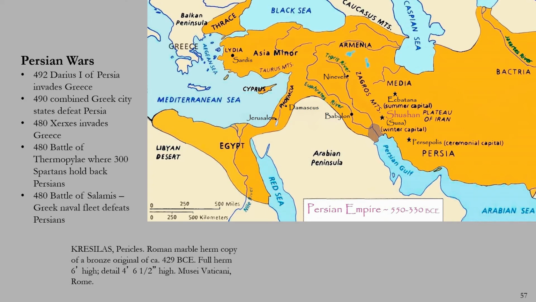In 480, the Battle of Thermopylae occurs, where 300 Spartans hold back the Persians. And then in the Battle of Salamis, the Athenian navy surrounds the Persians, and the Persians are defeated. Not immediately, there are a few other scuffles afterwards, but this is really the nail in the coffin.